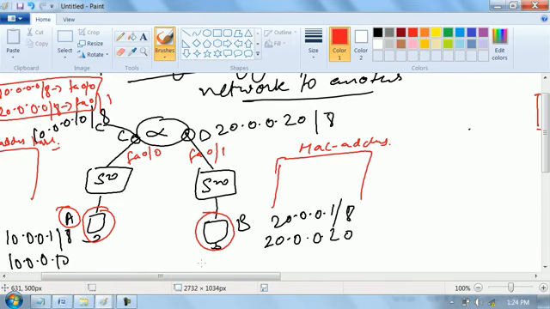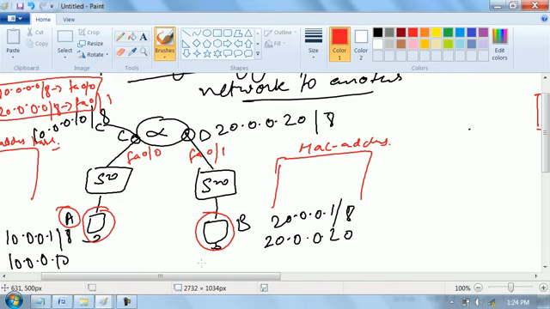It means router is the device which will never forward the broadcast of one network to another. The router will never forward a broadcast. The broadcast was generated here, and on reaching the router the broadcast breaks. It means router will always divide broadcast domains.